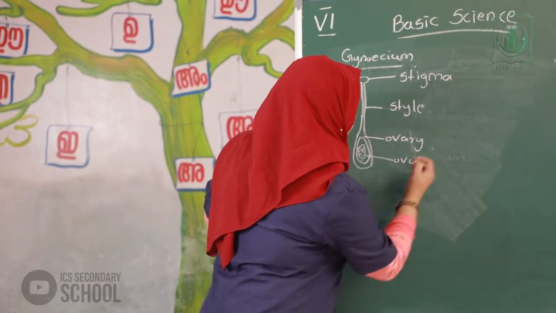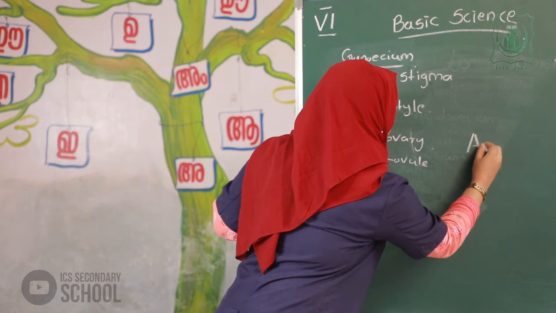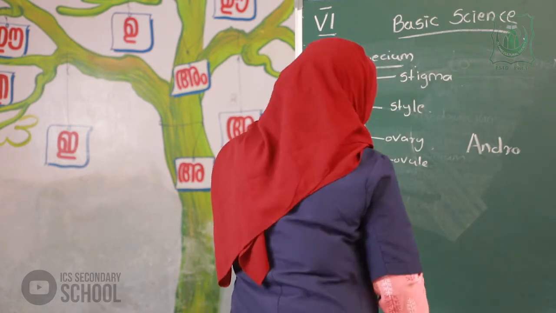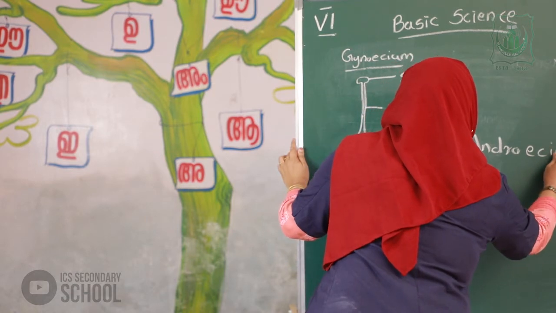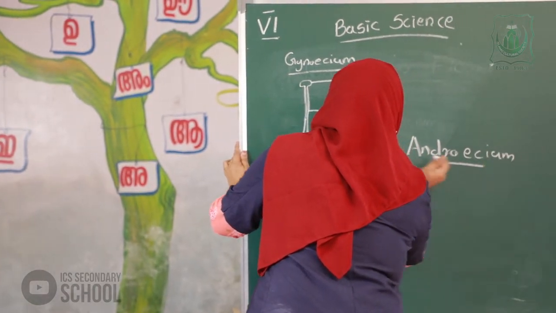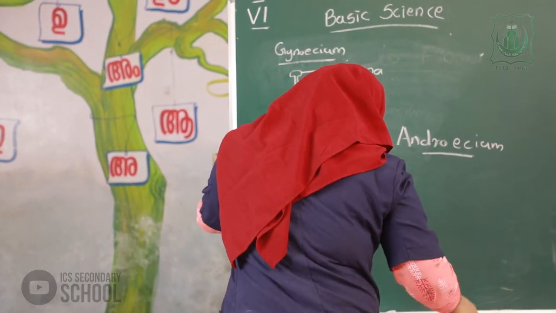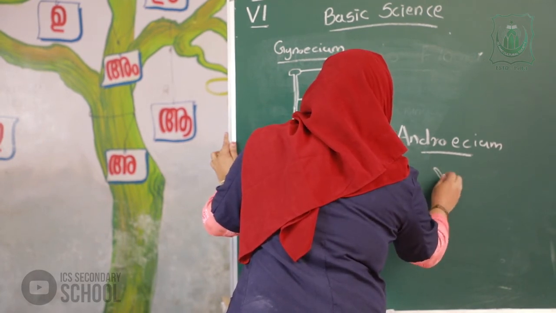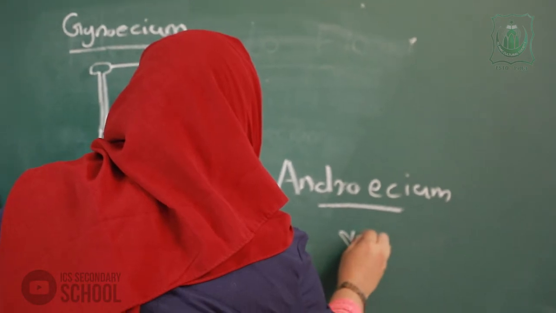androecium. What is androecium? Androecium is the male reproductive part of the flower.